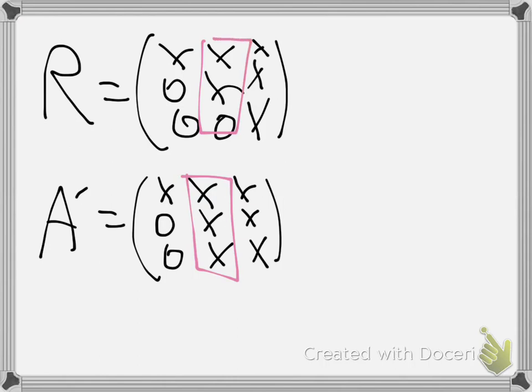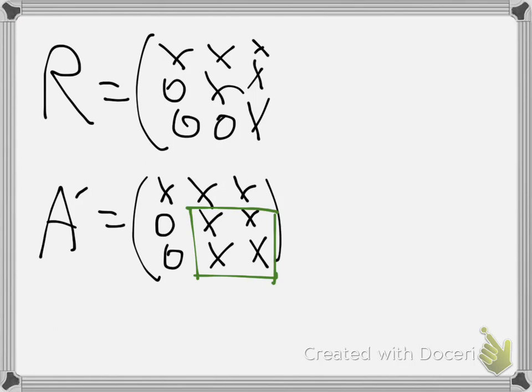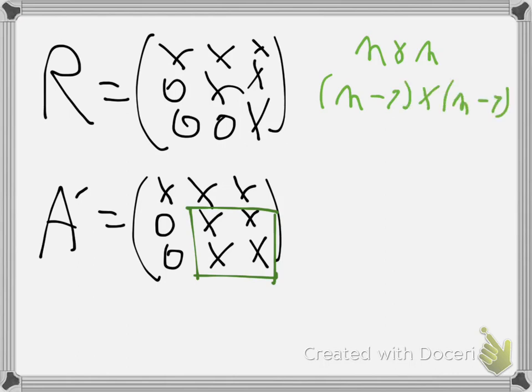And so basically what you do is you will consider the submatrix. If you begin with an n by n matrix, for the second vector of this n by n matrix, you will consider basically the n minus 1 times n minus 1 matrix. So here, first we had a 3 by 3 matrix.